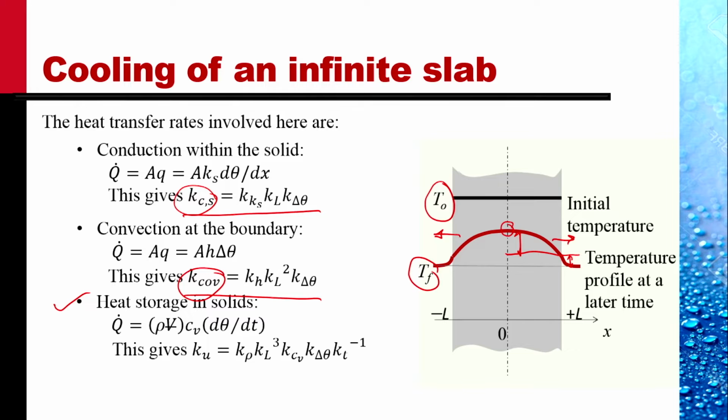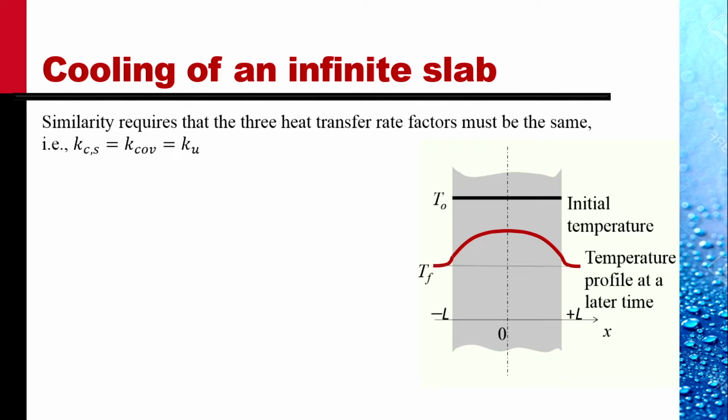Q dot is the mass of the solid, Cv times the rate of change of temperature with time. This gives you this as the scale factor for unsteady changes in the slab. These three circled scale factors should be equal. That's the requirement of similarity.